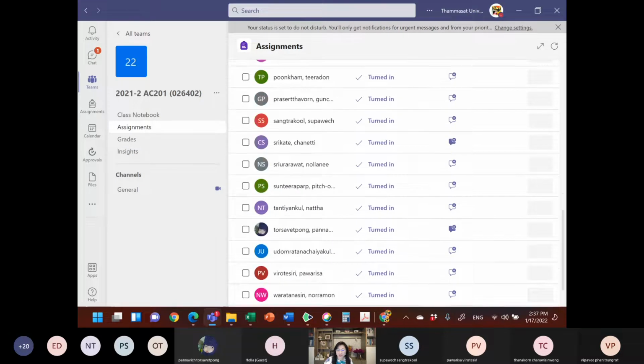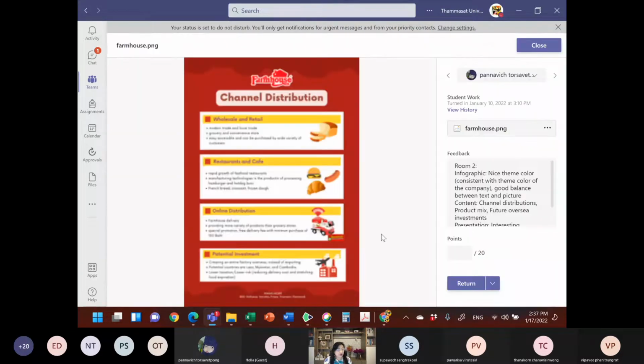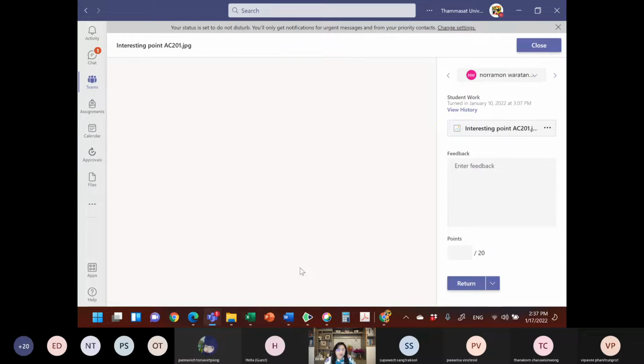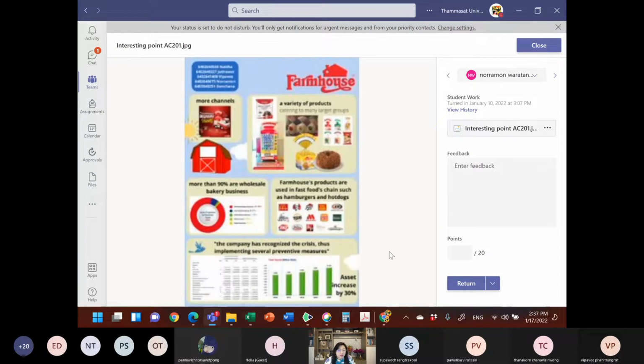Let me show the example from some other groups. So you gather information in whatever aspect. Like this infographic. Okay, so you gather information on whatever aspect you think relevant to this Farmhouse company.